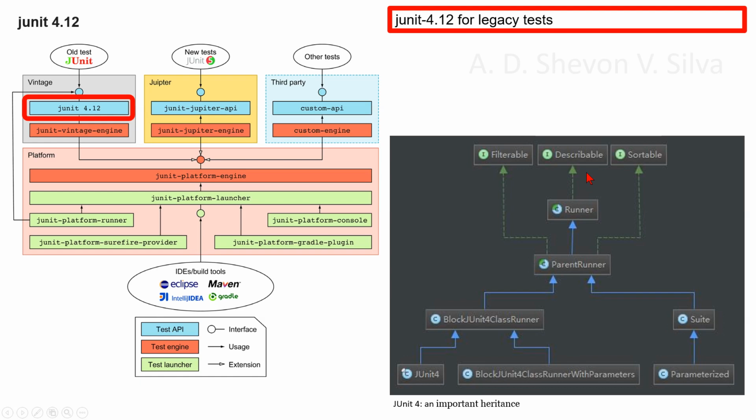The interface Describable in org.junit.runner represents an object that can describe itself.